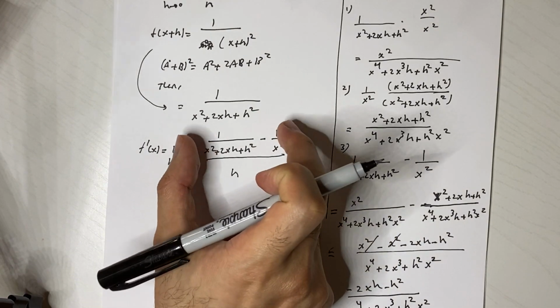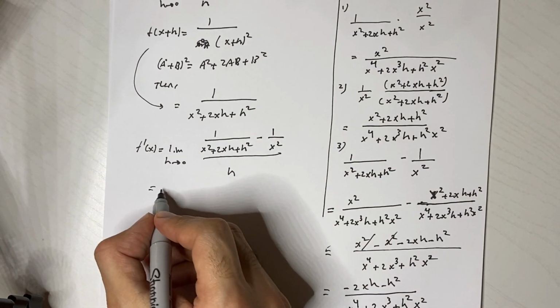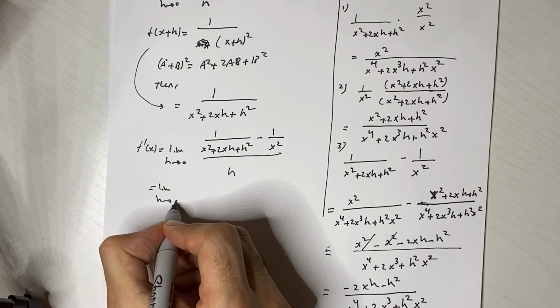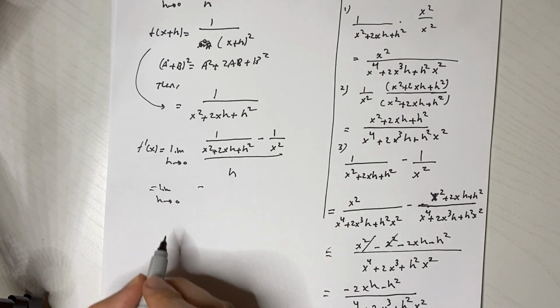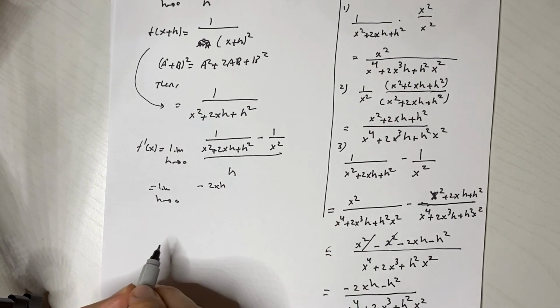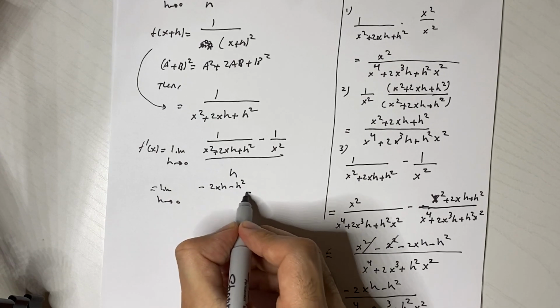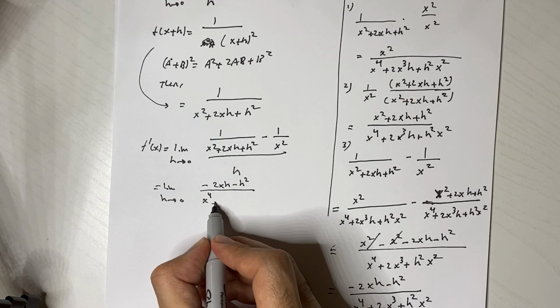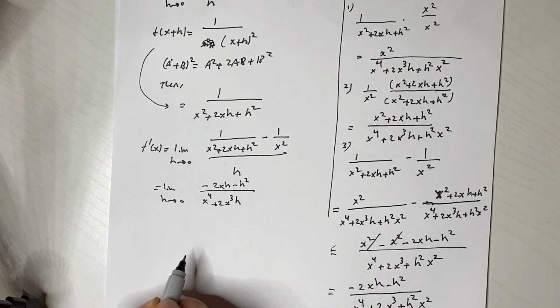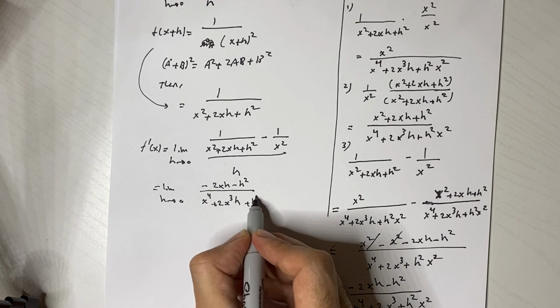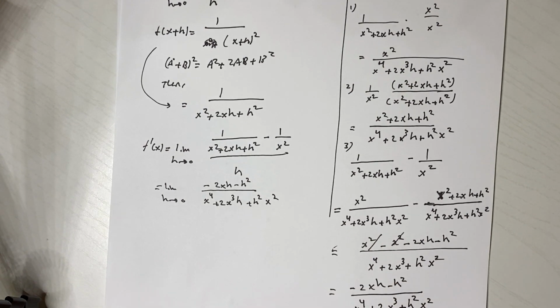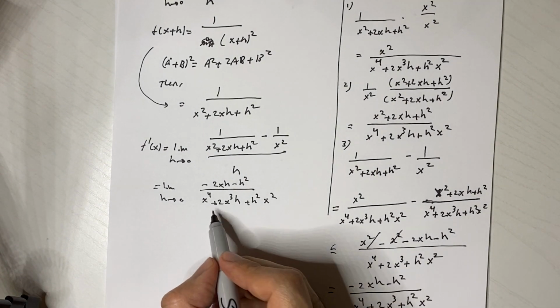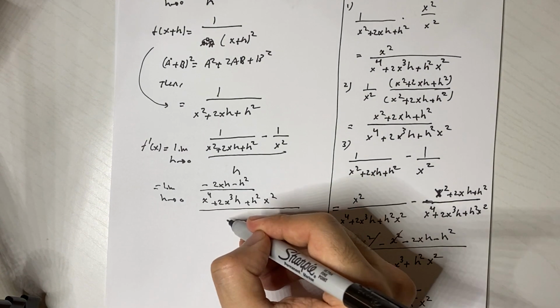Now we'll go back to the limit and plug it in there. So what I'm doing is just moving that answer to the top of our fraction. And remember, this whole fraction is over h.